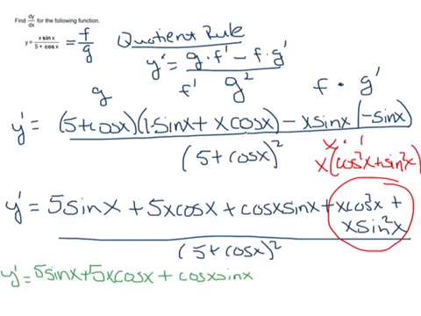And then plus x times 1 is x. And we have a denominator of 5 plus cosine x all squared. And we are done.